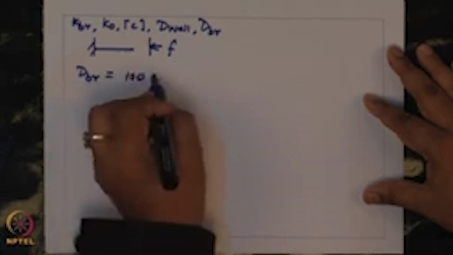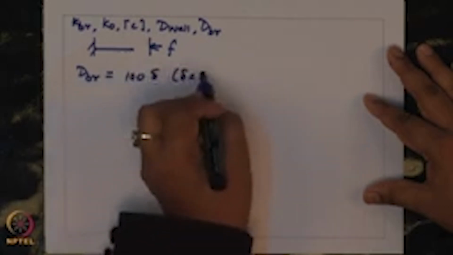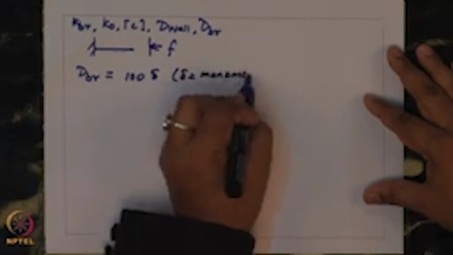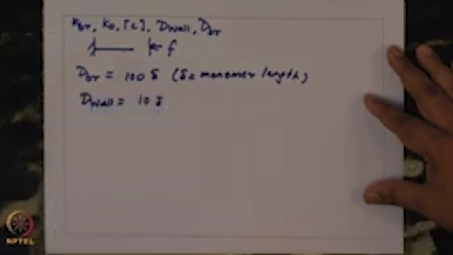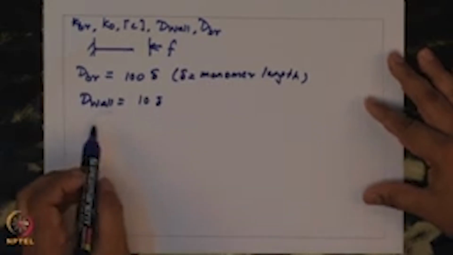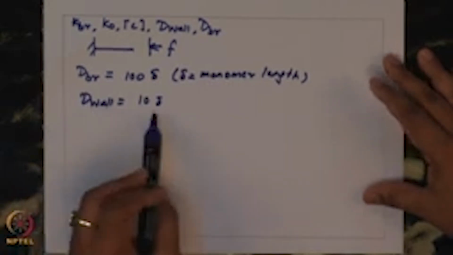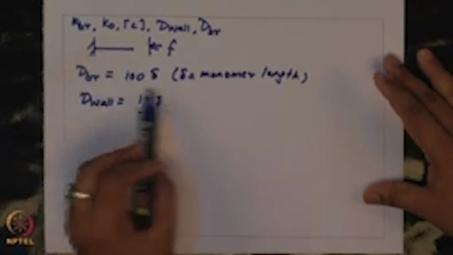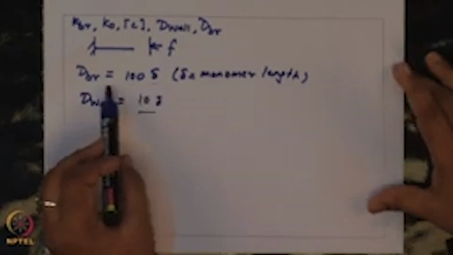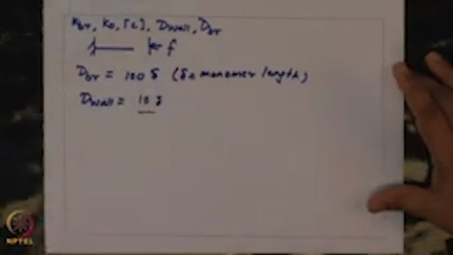Let us assume d_Br as 100 times delta, where delta is the monomer length, and d_wall is 10 delta. So, what this suggests is that the wall is only 10 delta away from the back wall, while the filament has to be 100 delta in length before a new branch can form.